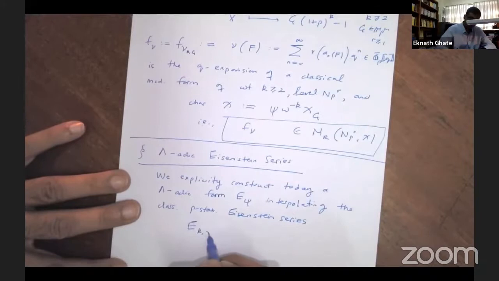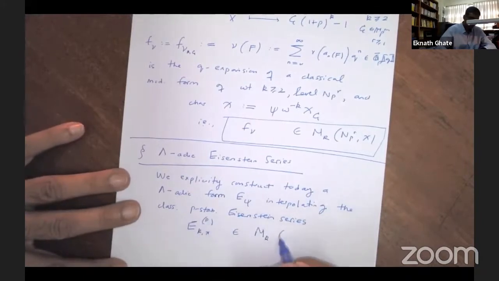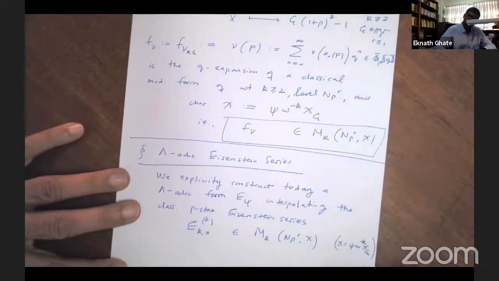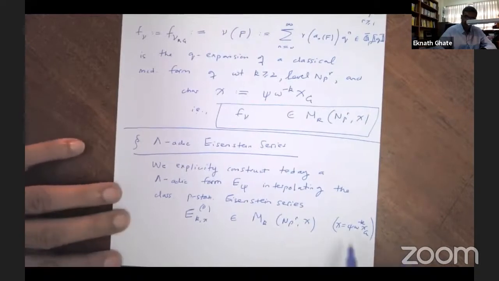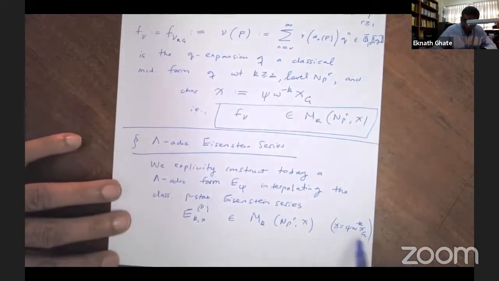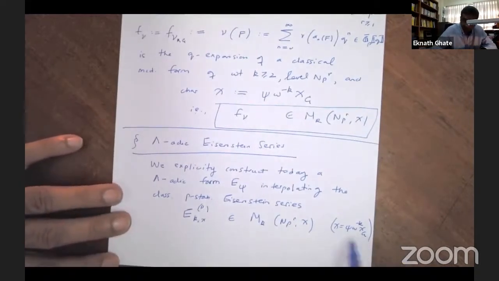E k chi p belonging to M k N p^r chi. And chi, remember, was psi omega to the minus k chi zeta. This formula you'll get very used to. It looks very complicated at the beginning, but by the way, this is a completely general decomposition of a Dirichlet character. If you have any character of conductor M, there's an N part and a p part.